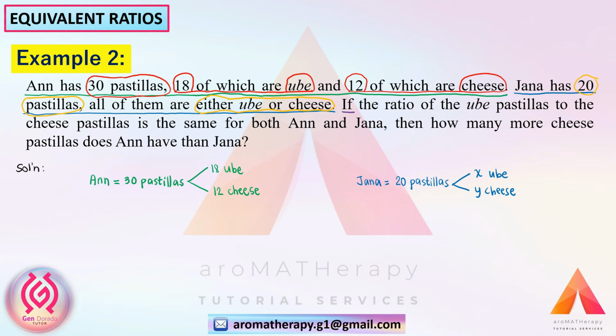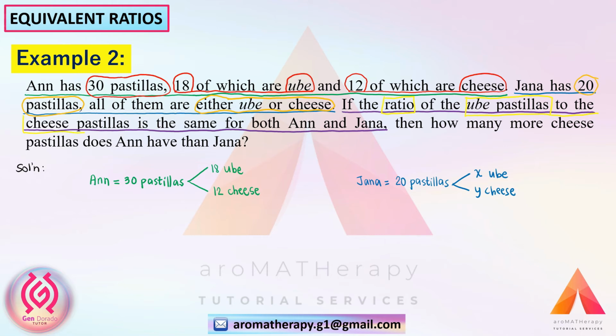Next, ito yung condition niya. If the ratio of the ube pastillas to the cheese pastillas is the same for both Anne and Jana. Ayan, ano daw? Ratio of what? Of ube pastillas to cheese pastillas. So, ano yung order ng ratio natin?